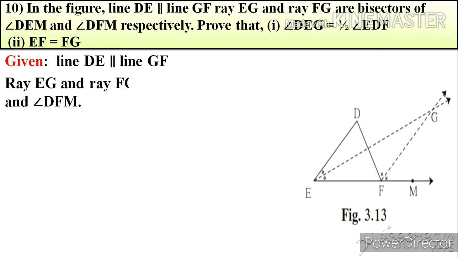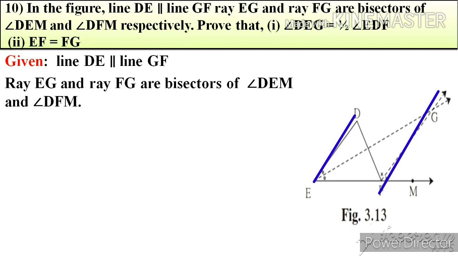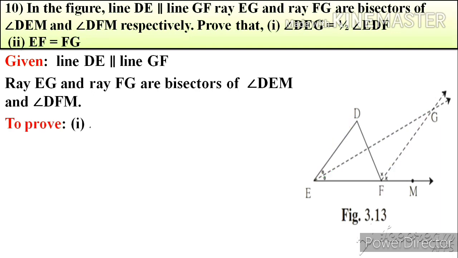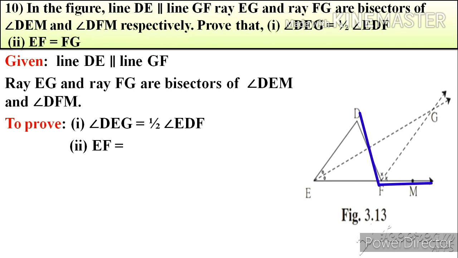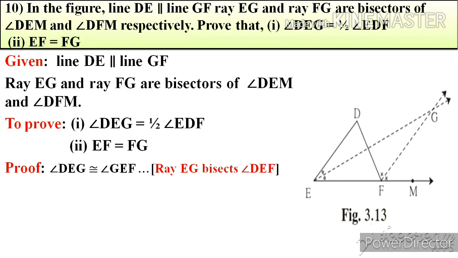Second, EF equal to FG. Given information, line DE is parallel to line GF, ray EG and ray FG are bisector of angle DEM and angle DFM. Here we have to prove first angle DEG equal to half of angle EDF. Second, we have to prove EF equal to FG.